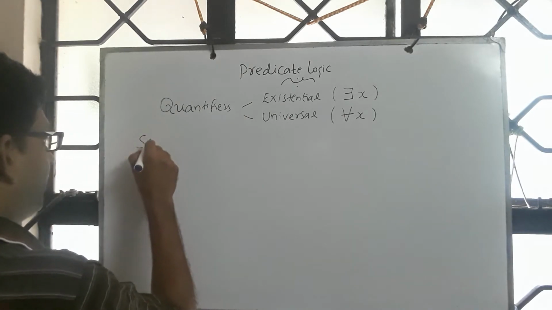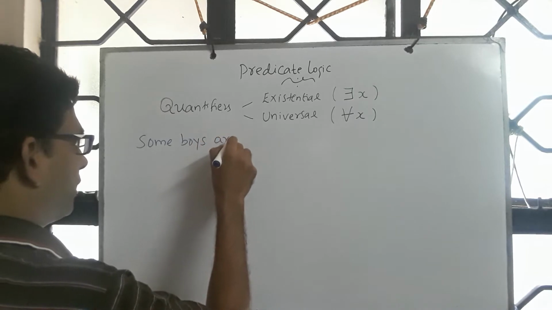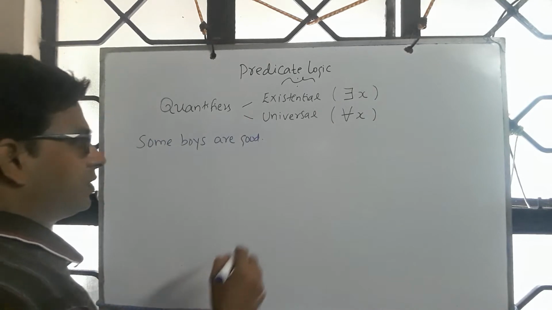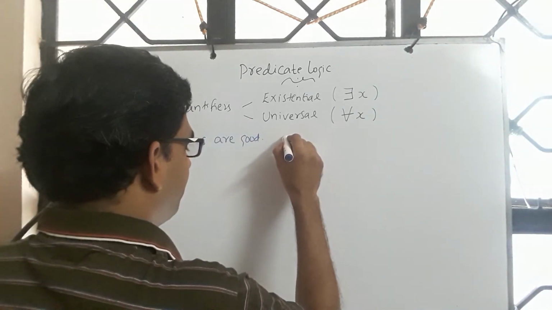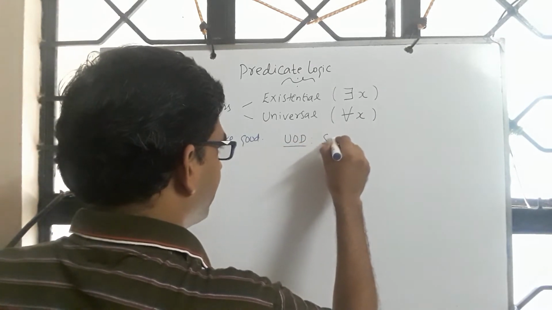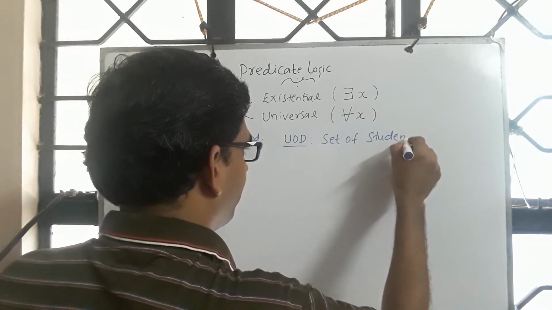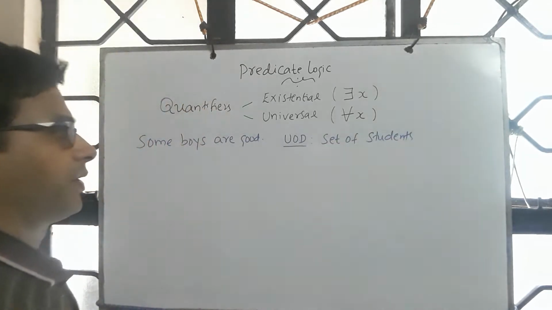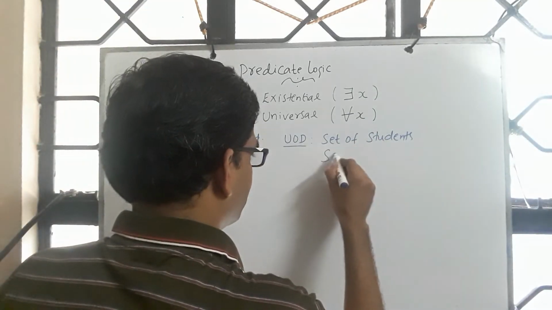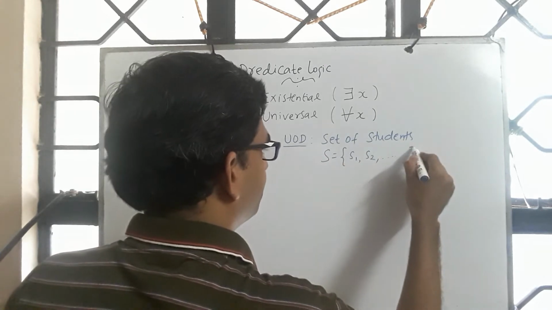So consider the statement, some boys are good. What I will do is the following. So let me first fix UOD. So that could be set of students. Now you have set of students, so something like this. So you have S1, S2, like this.